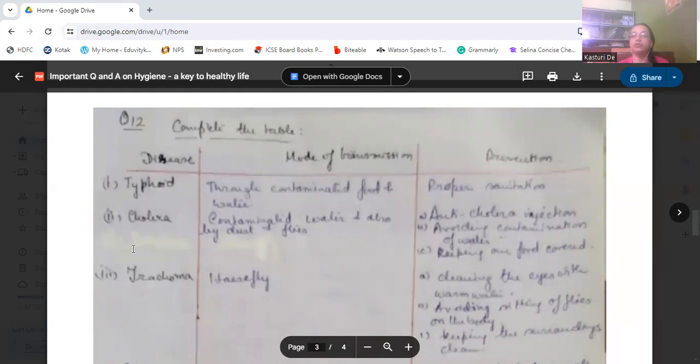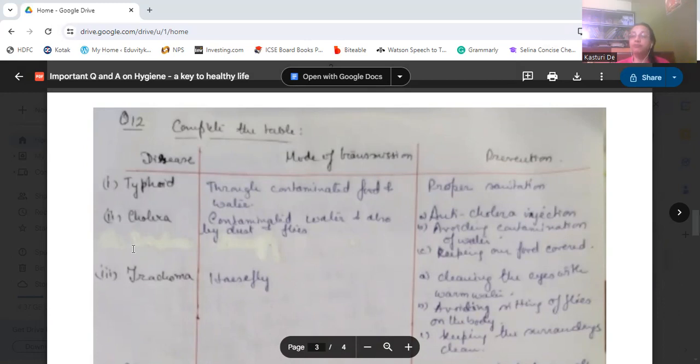The water gets contaminated by any process. If the water which we are taking gets contaminated in the ground itself, if drain water or sewage water mixes with that drinking water, that can also cause cholera.